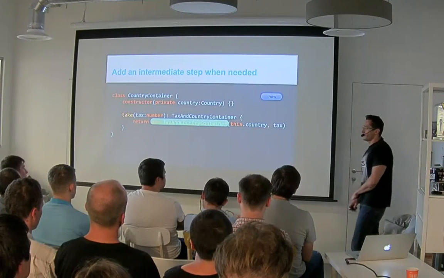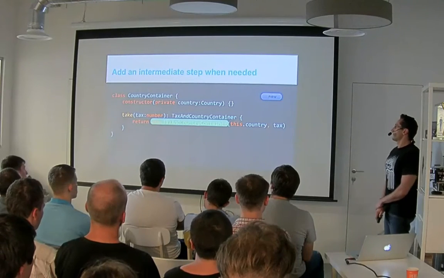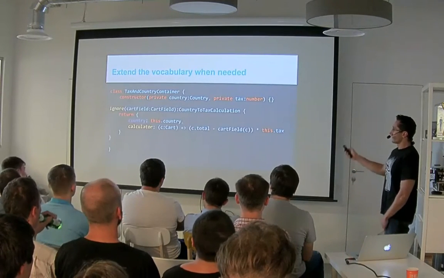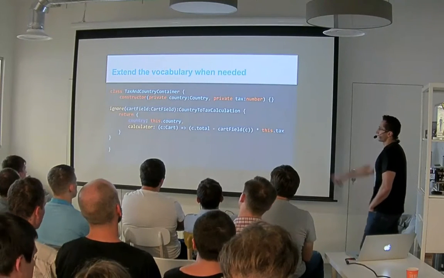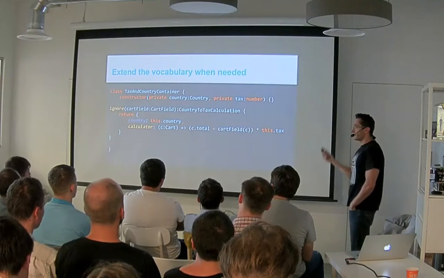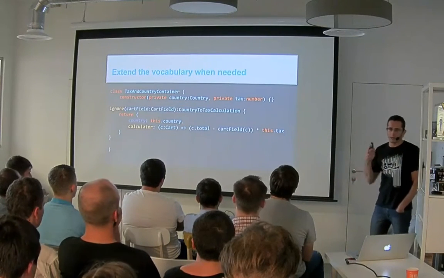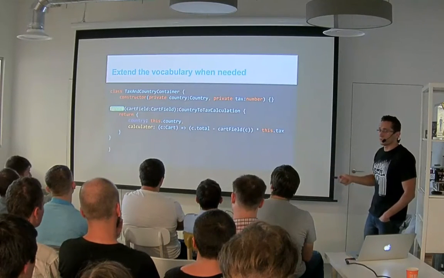As you might guess, it's just a container which takes a country and a tax in its constructor. But once again, we are now expanding our vocabulary to a new verb. We now support the ignore verb. We can now ignore stuff.